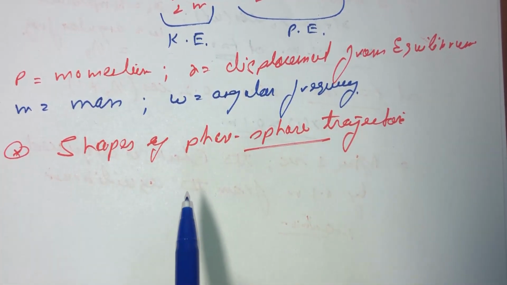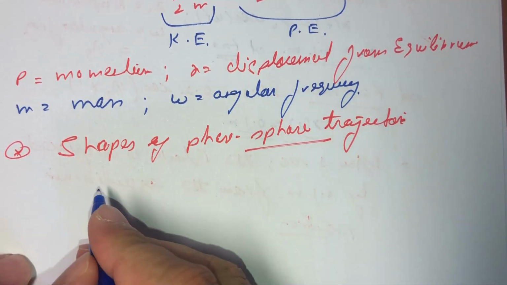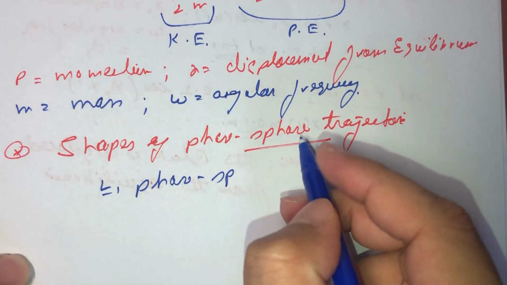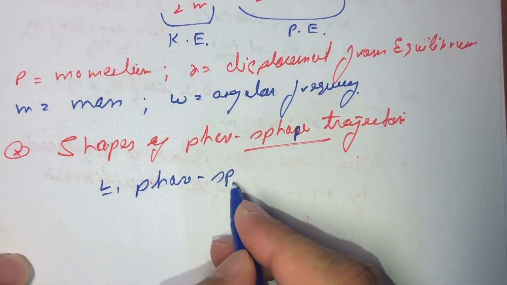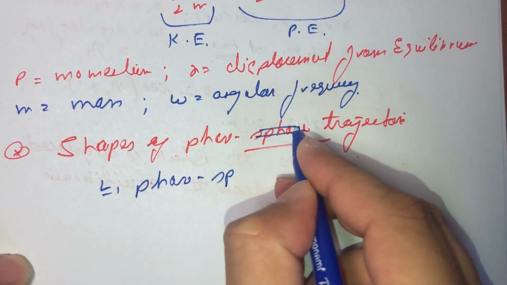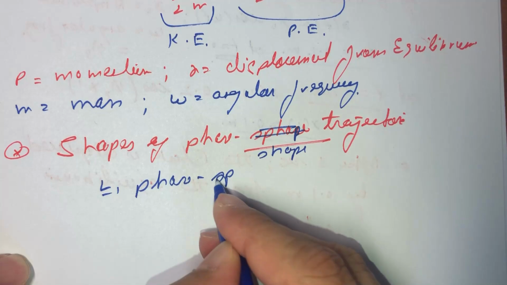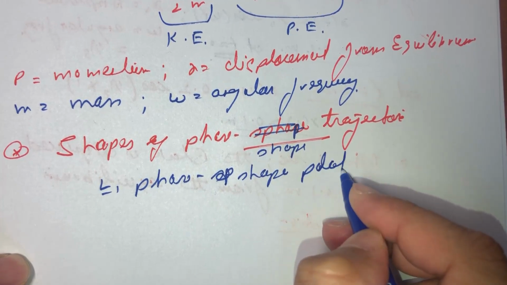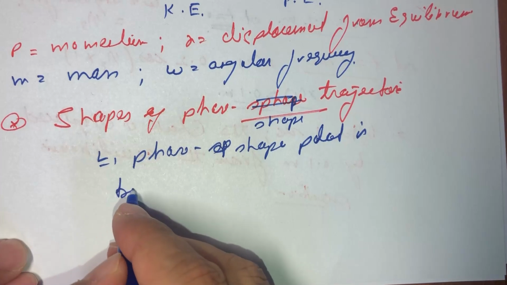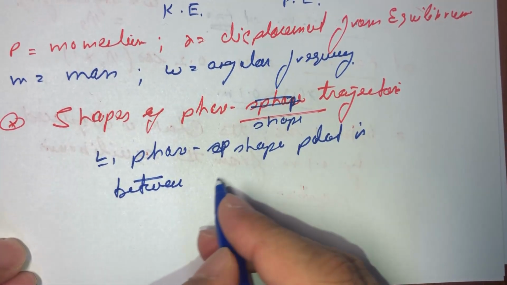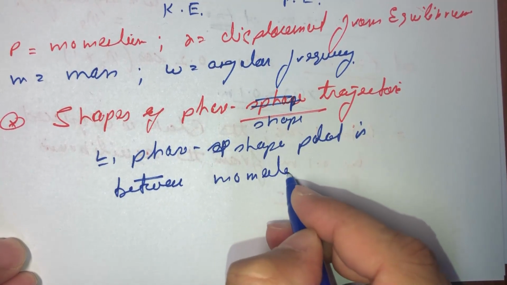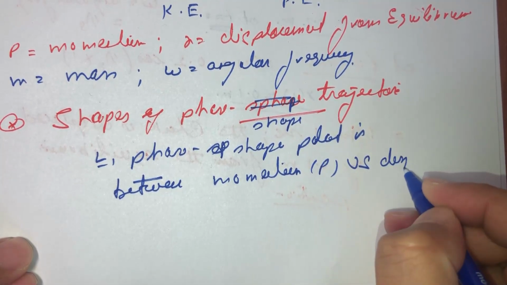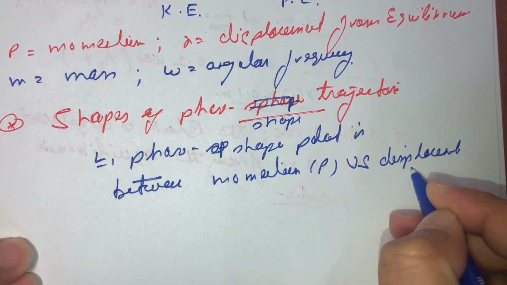And this phase shape plot is between the momentum, which is given as P, versus displacement, which is given as X.